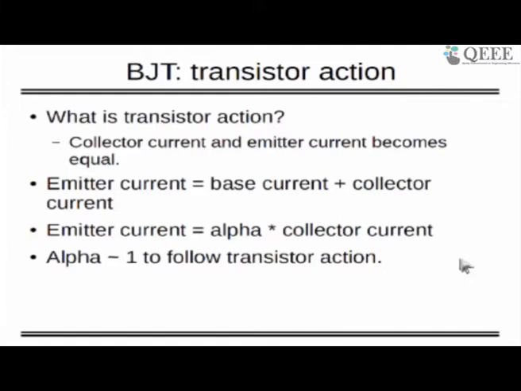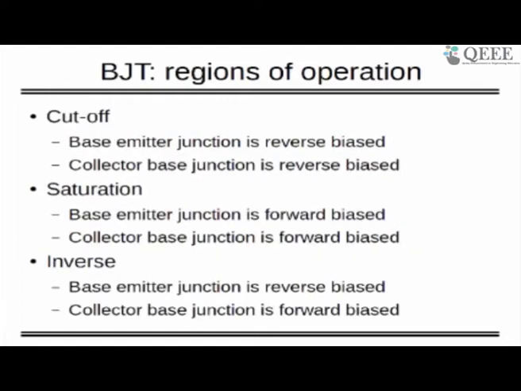Otherwise it's not. You can allow a little deviation from alpha as 1, maybe 0.9 or 0.95, but not below that. Then you are not going to call it transistor action. Okay, so this was another part.